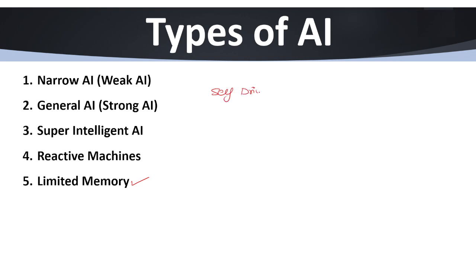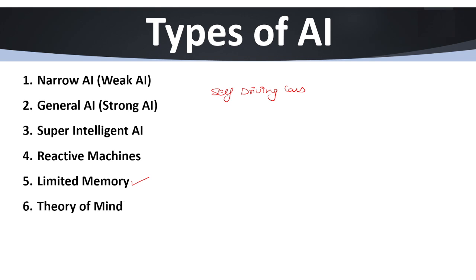In self-driving cars, we use limited memory AI. Systems like self-driving cars, Tesla or Waymo use past data from various driving scenarios to improve navigation and decision making. So this is how limited memory AI works.